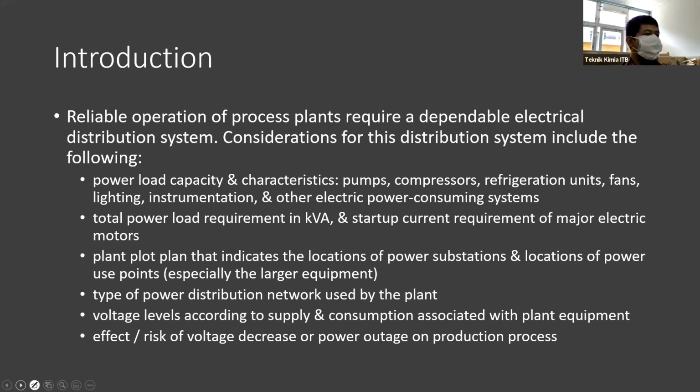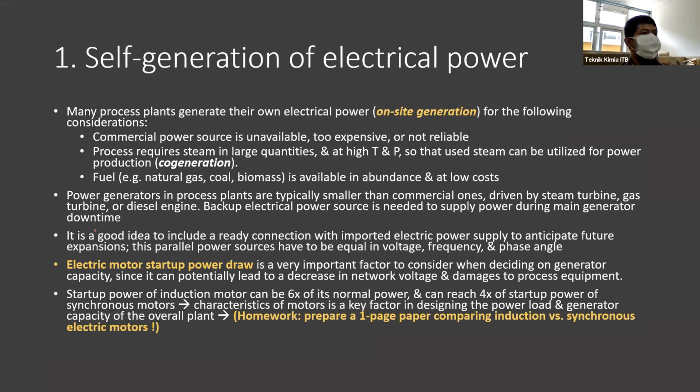Yeah, that's all. So usually for any chemical plant, we do on-site generation. Why? It's simple. Our electricity provider, PLN, is not strong enough to supply our plant.